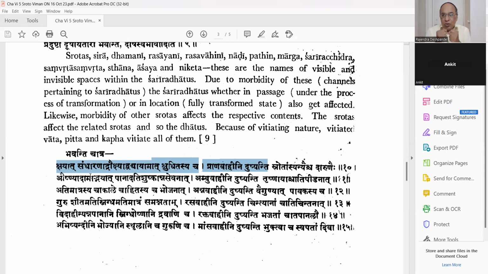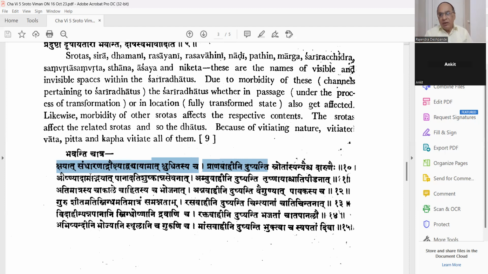If we forcefully stop defecation reflex, micturition reflex, that is Sandharanat. Raukshyat, if you eat dry food stuff, if you keep late at night, that will increase the dryness of your body, and that will be a problem for the Pranavahasrotas.